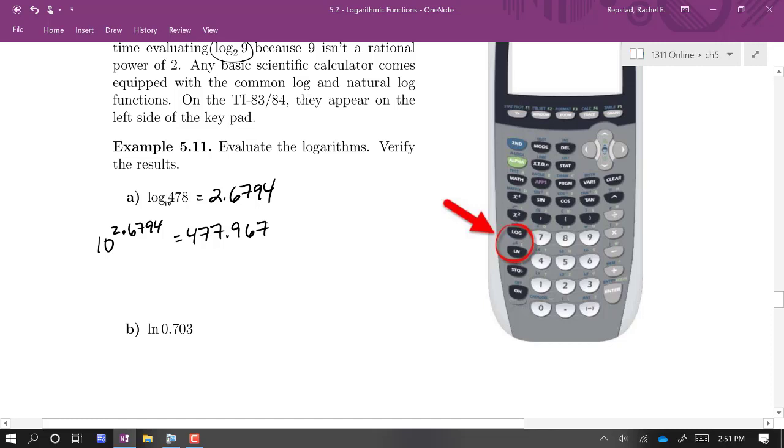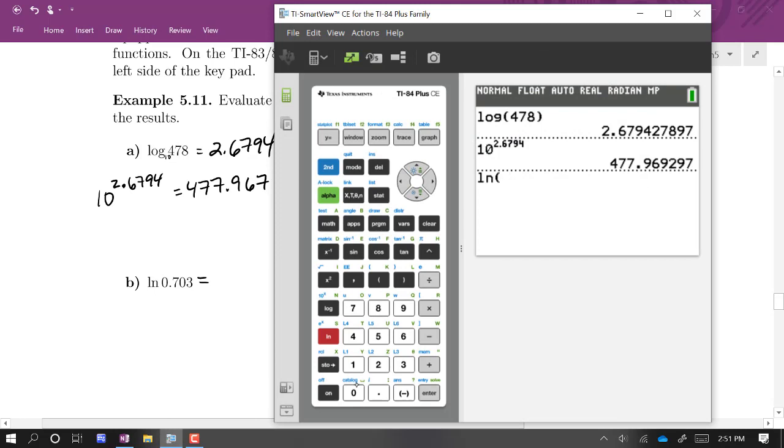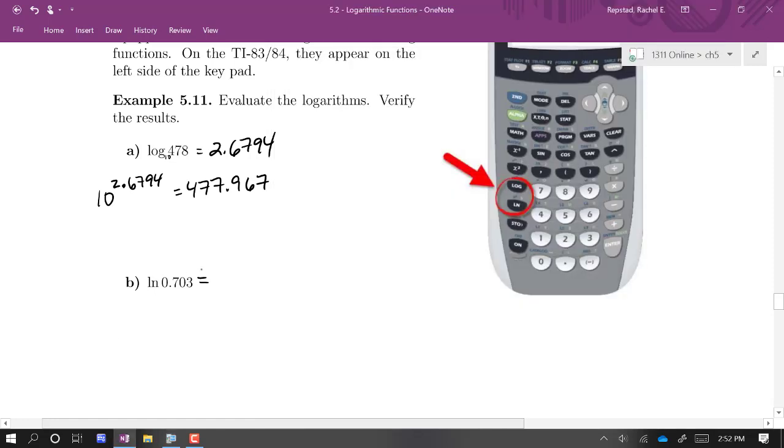Next we're going to find ln of 0.703. So we're going to use the natural log button. And I get negative 0.3524. And I could check that, right?